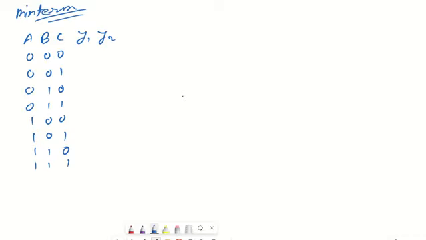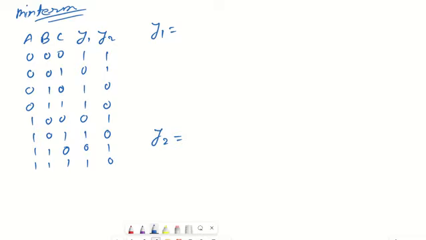Now I am going to give you the expressions for y1 as 1 0 1 1 0 1 0 1. The y2 expression is 1 1 0 0 1 0 1 0. Now your aim is to write down y1 and y2. Understood?